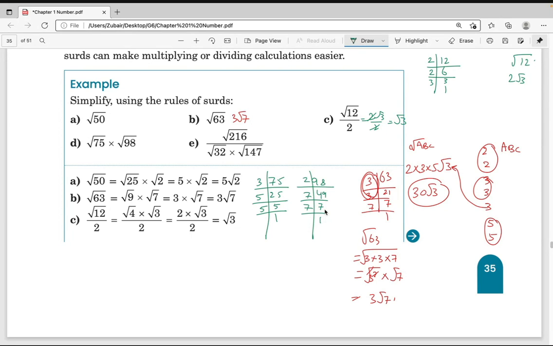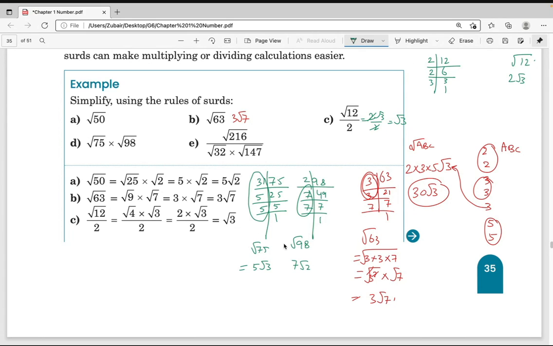At least 75 and 98 could be represented as 25 into 3 and 49. So looking at these, I have one pair of 5 and 3. So may I write square root 75 as 5 square root 3? Yes. And then square root 98, I have one pair of 7. So that comes out square root 2.